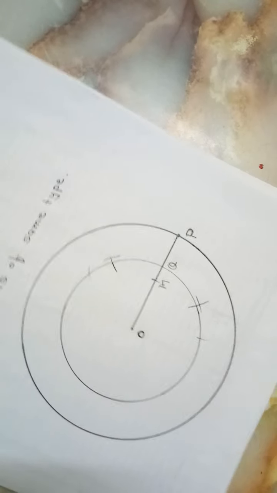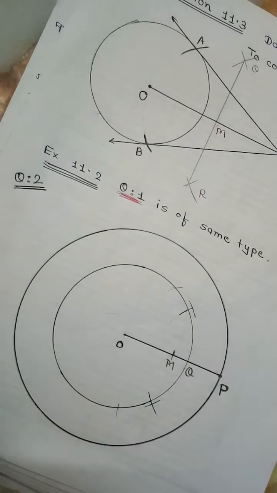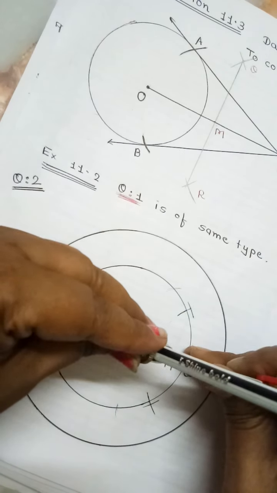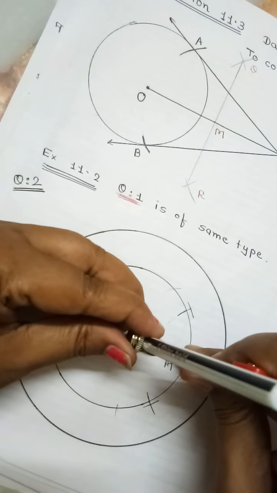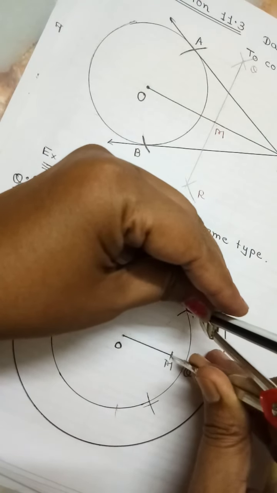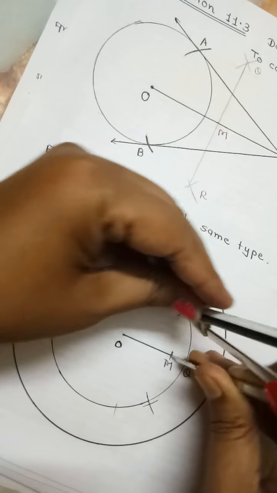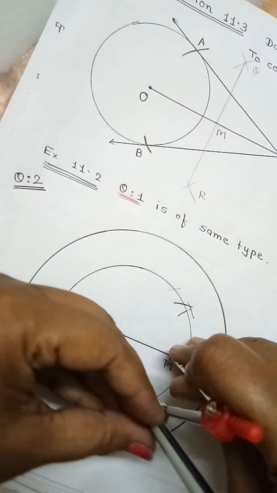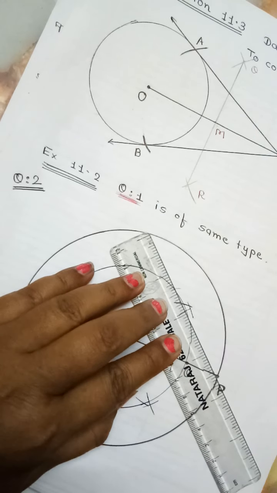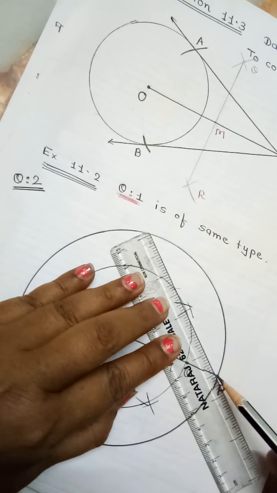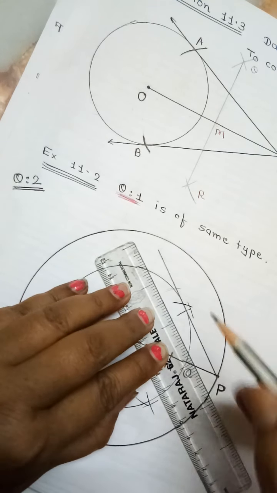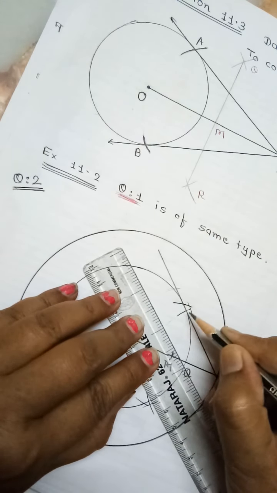Now taking M as a center and MO as a radius, take MO radius, give an arc. One arc will come here, another arc will come here. Now join this arc with P. So this P here, it is intersecting here.